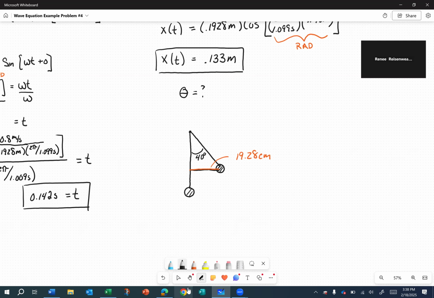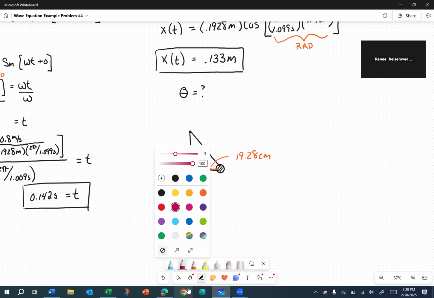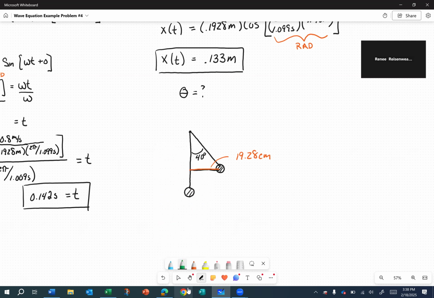Now we came down a little bit, right? And this distance is what we just found to be 13.3 centimeters. So the question is, what is that new angle there?